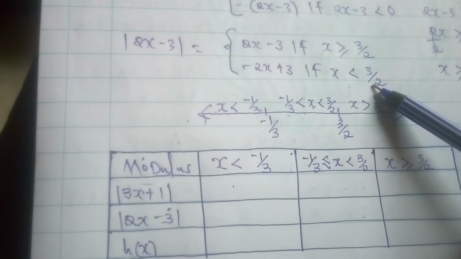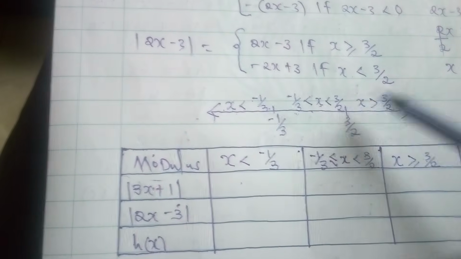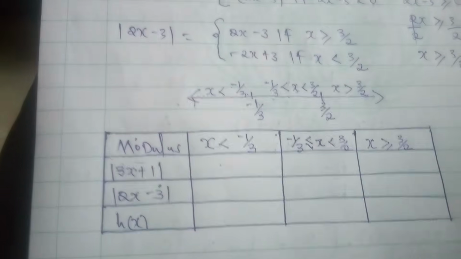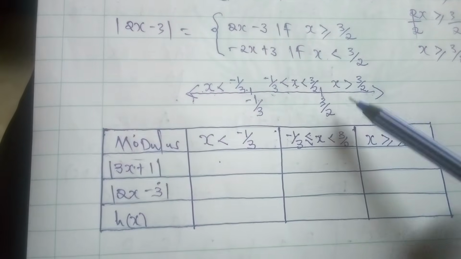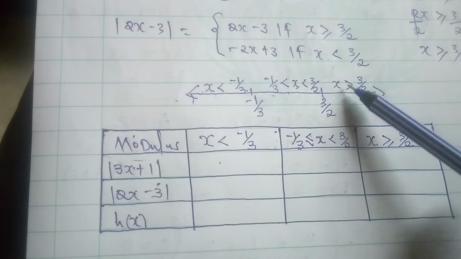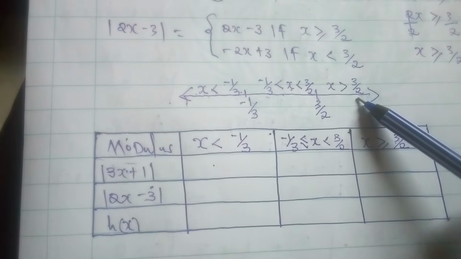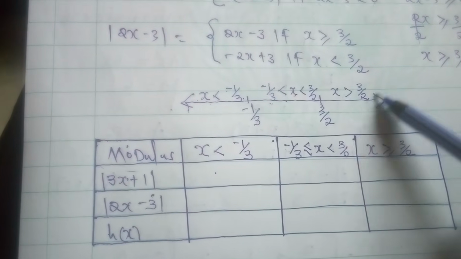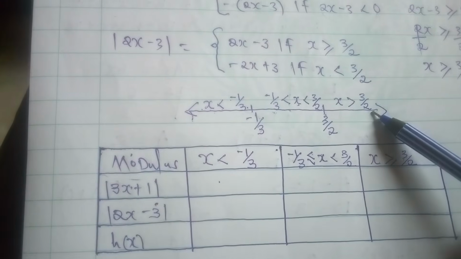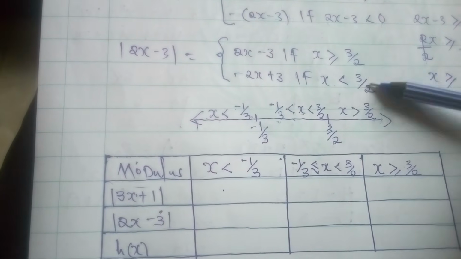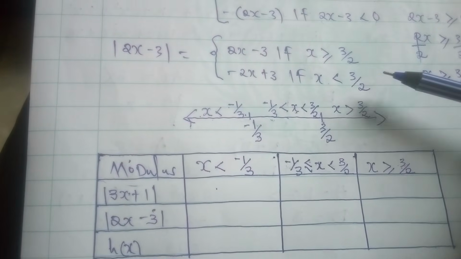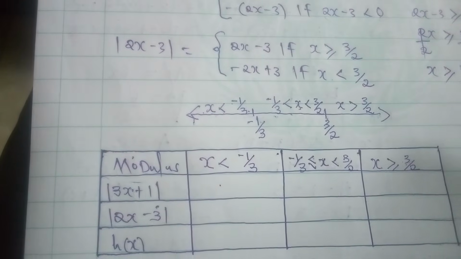It means you're not going to make any change, just write it the way it is. And then on the number line, you have x greater than 3/2. If this value is equal to the one that you have solved there, it means you write it the way it is without making any change.